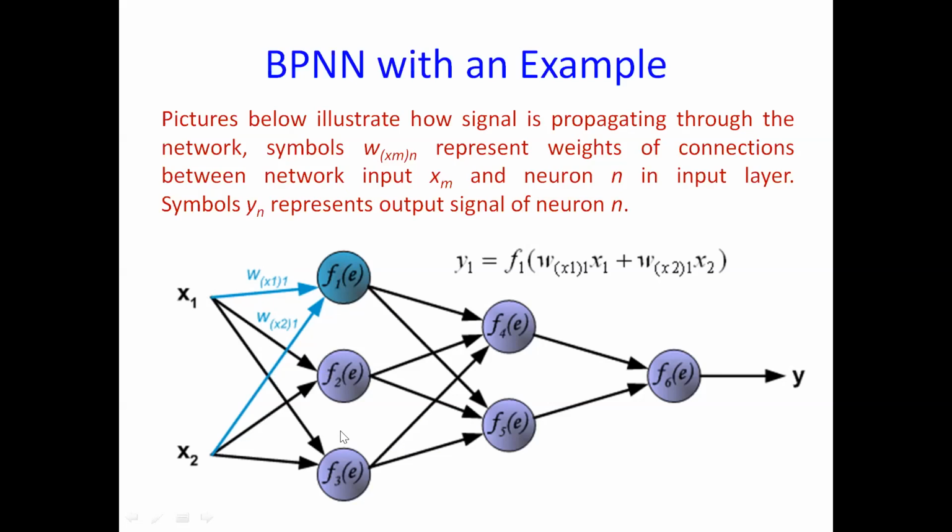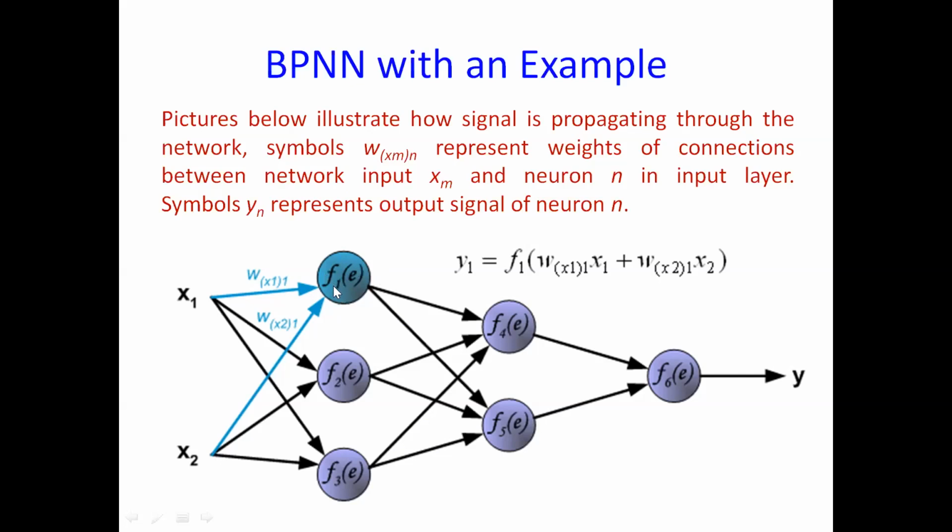So whenever you indicate these connecting links, WX1 means the input from where this connection has been drawn, and 1 means the target neuron in the input layer.